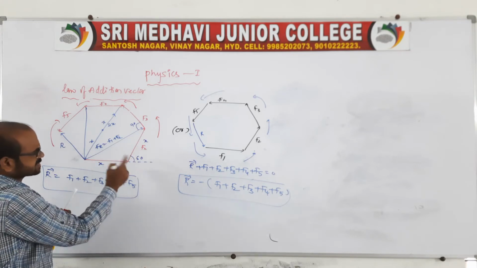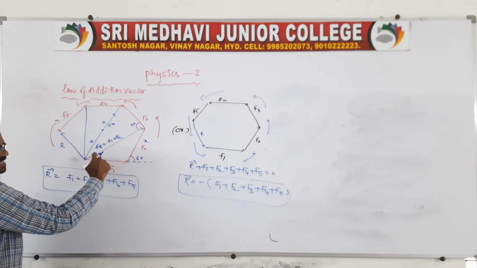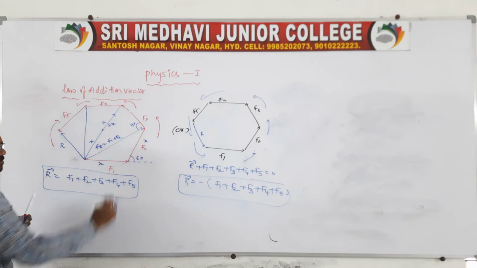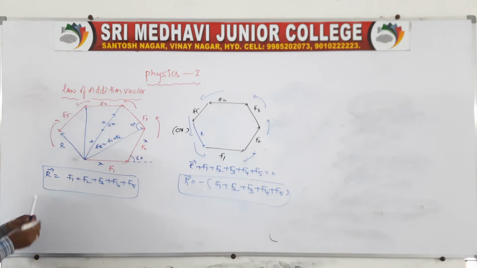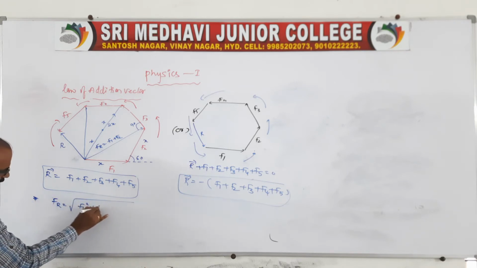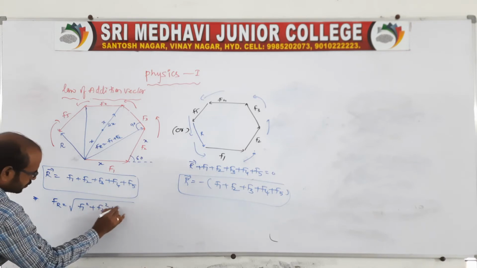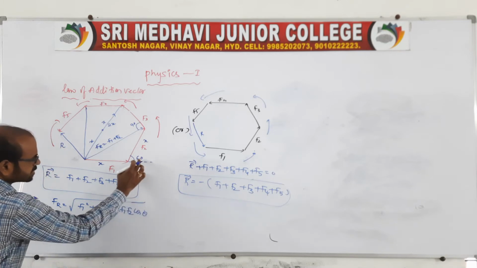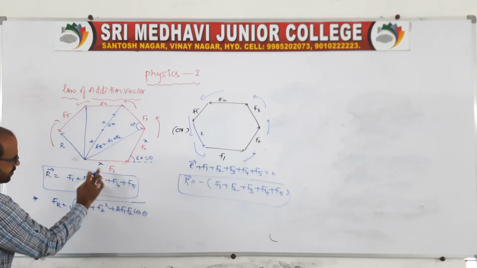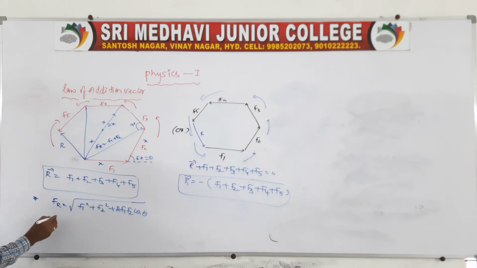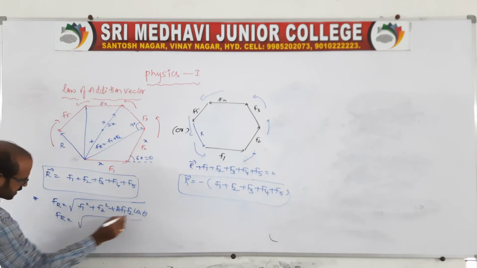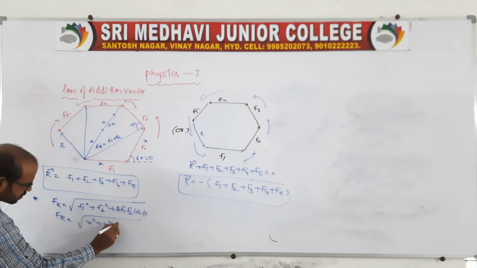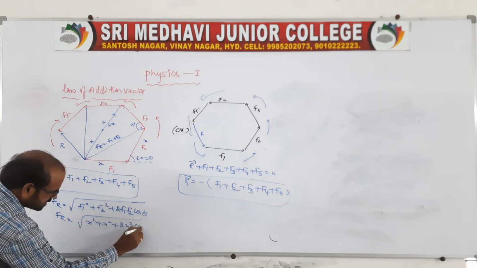Like that, here also we should get this resultant. Here the angle is given as 60 degrees, so what will the resultant vector be? Using the parallelogram law, the resultant vector is equal to root over f1 square plus f2 square plus 2 f1 f2 cos theta. Theta here is 60 degrees. So take theta as 60, f1 as x, f2 as x, so the resultant will be x square plus x square plus 2x square cos 60.